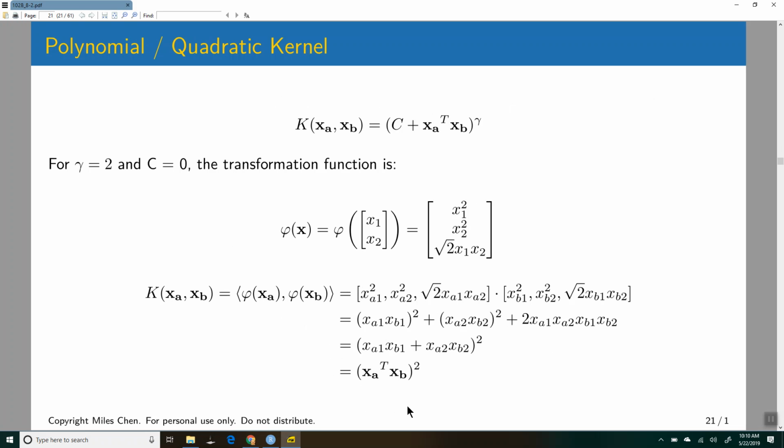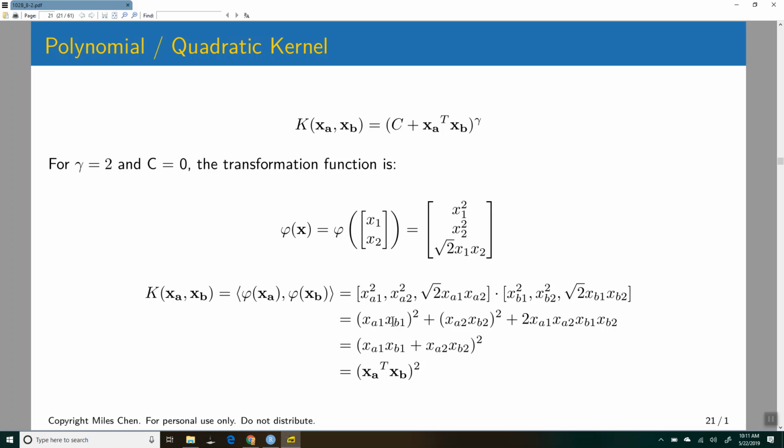There are other kernels. This is known as the polynomial kernel. For this polynomial kernel, if we do a quadratic version where c is set to 0 and gamma is set to 2, the transformation function looks like this, and then the inner product is xa1 squared, xa2 squared, and root 2 xa1 xa2, and then the same for xb: xb1 squared, xb2 squared, and root 2 xb1 xb2.